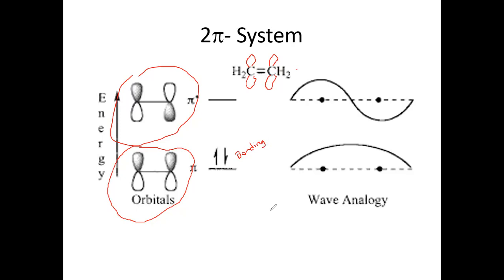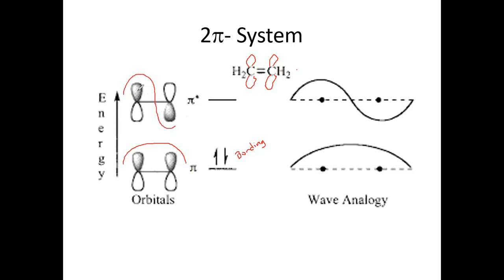All right. And then up top, you can see the wave here never passes through zero, and then up top, it passes through once. So when it does that, you'll see the sign of the orbitals change.